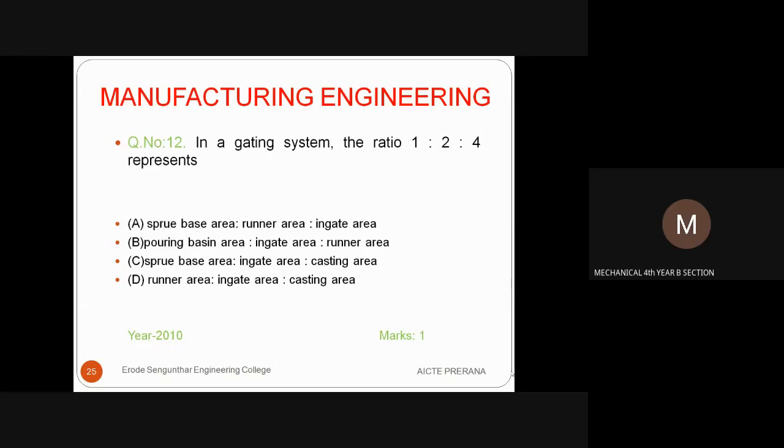The runner is the passage for the metal flow. And the in-gate is where the casting metal enters the mold cavity.